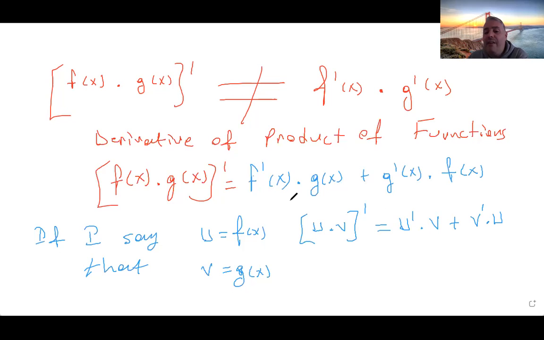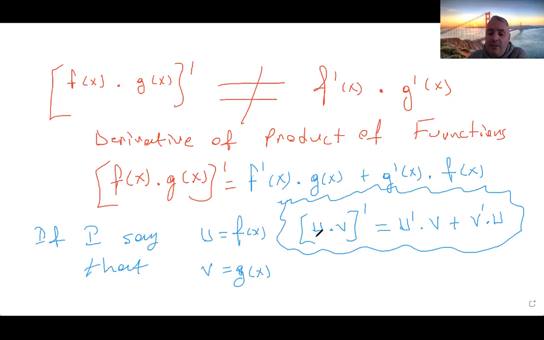U prime v prime u. So it's better to memorize like this. Derivative of a product of any two functions is equal to u prime v plus v prime u. It means the derivative of the first function times the second plus the derivative of the second function times the first one.